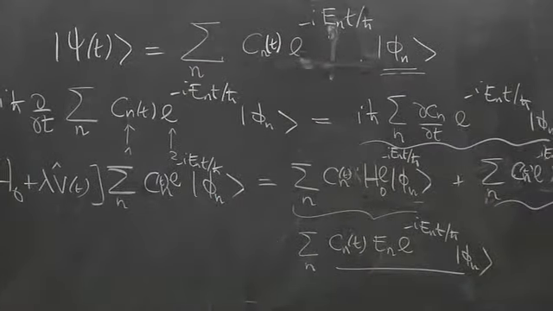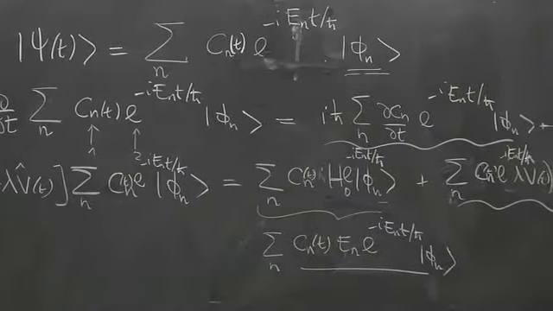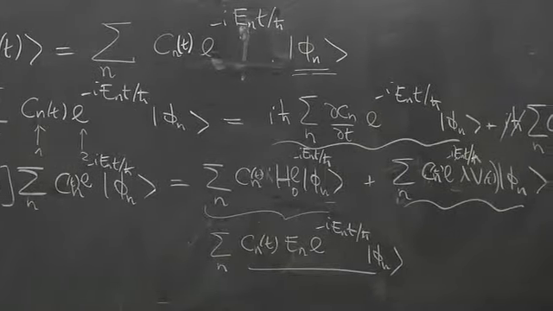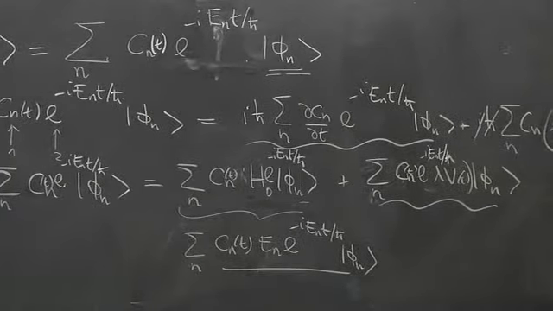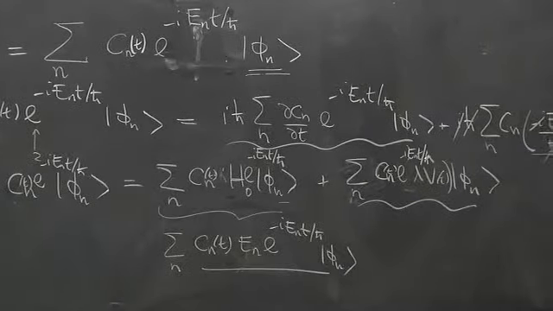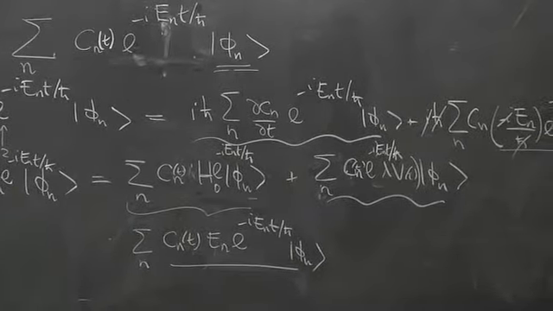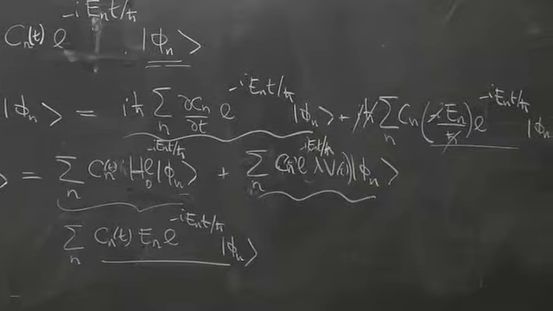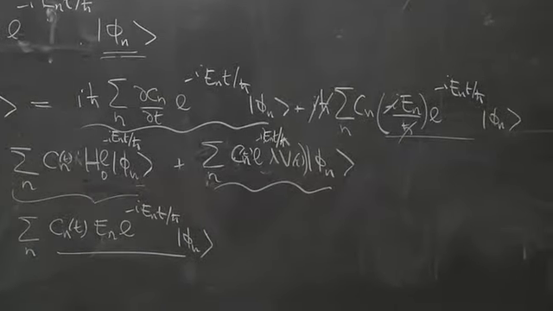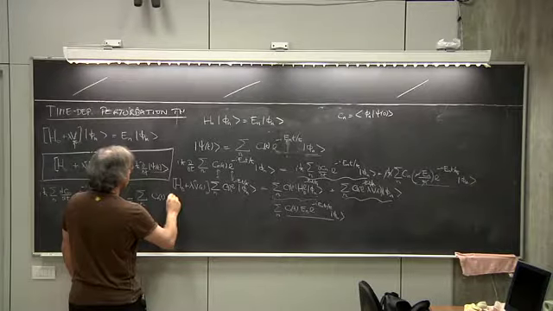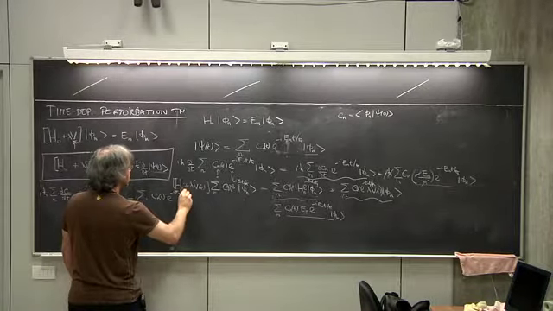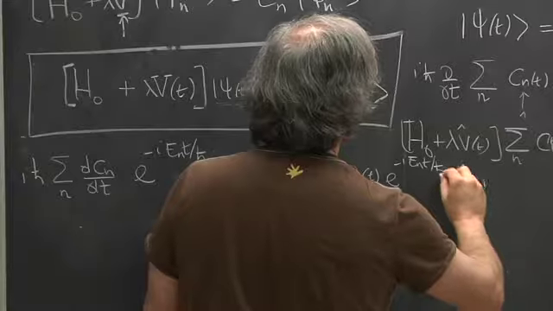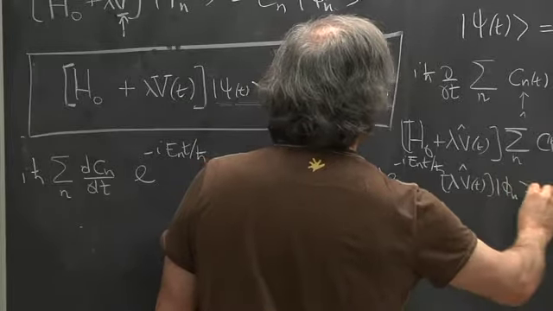I have i h bar, the sum over n of the derivative of Cn with respect to t times e to the minus i En t over h bar times phi n has to be equal to the sum over n, still of Cn of t, e to the minus i En t over h bar, lambda V of t applied to phi n.